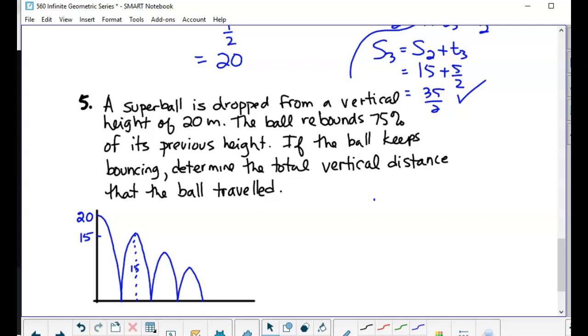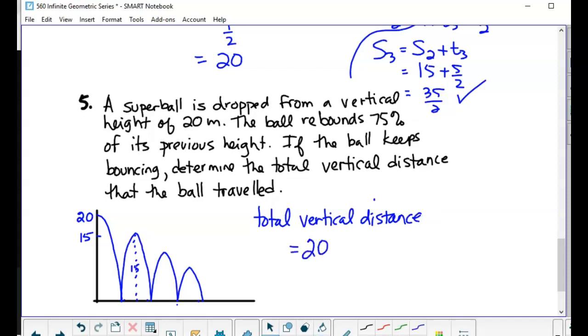So remember, it goes down 20, then up 15, down 15. Up whatever 75% of 15 is, down. So there's 2 of each of these heights. So when I find the total vertical distance traveled, it's going to be equal to the 20.